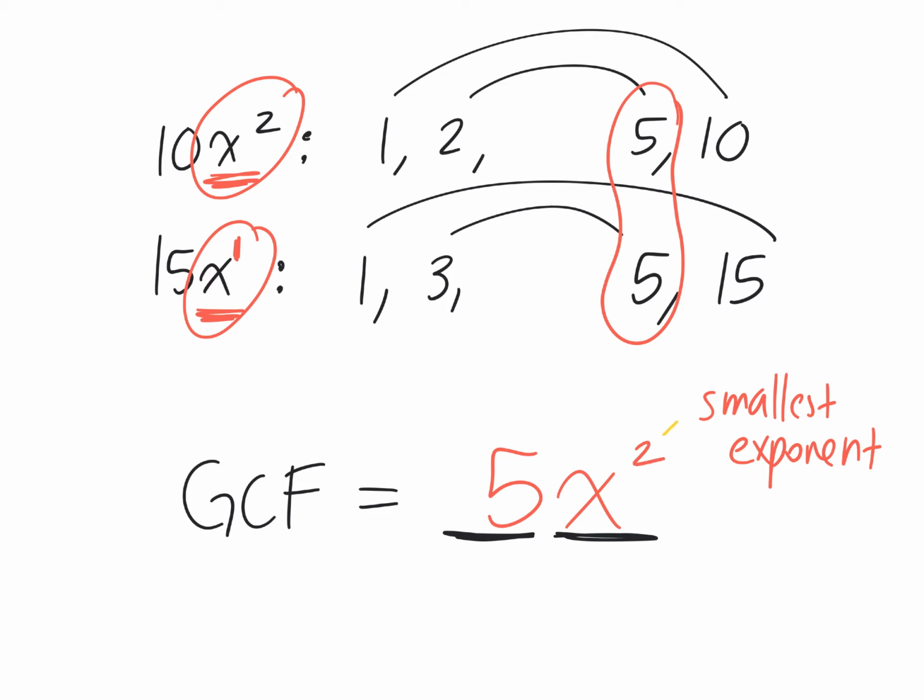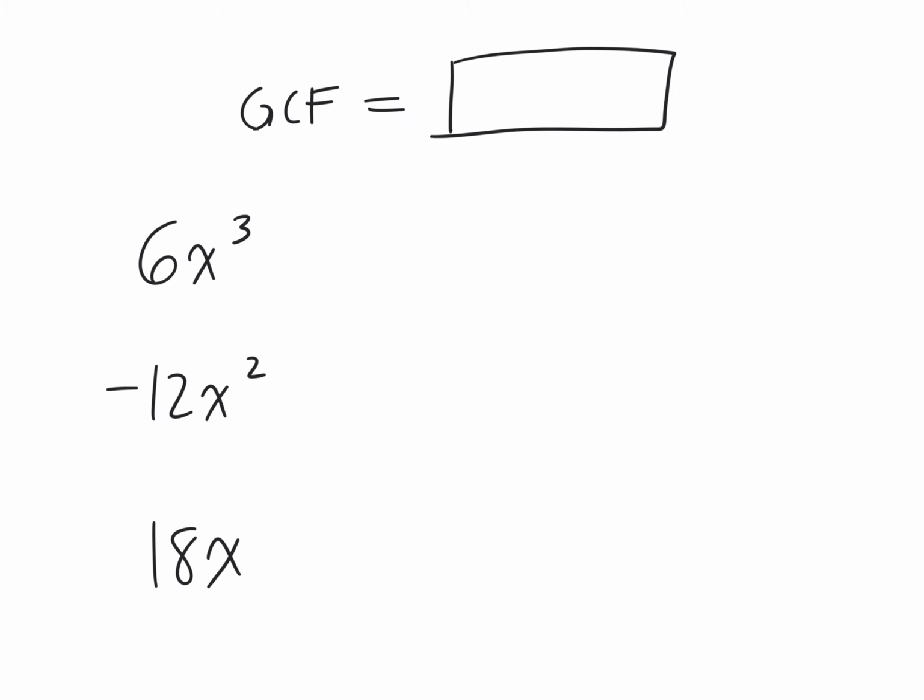Not x to the power of 2, because if I divide this by x to the power of 2, you're going to get a negative exponent. You can't divide by an exponent that's larger than it. So the greatest common factor is 5x. Okay, so if you're finding the greatest common factor of all of these, first find the number that they're all divisible by, and then figure out if they have a variable that they're all divisible by.